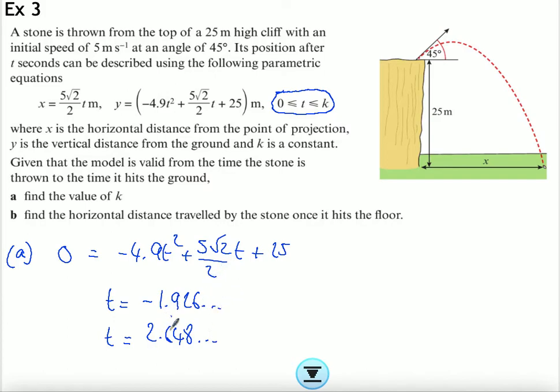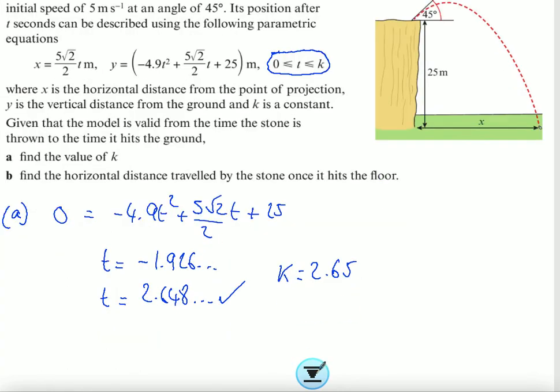Now, which of those is going to be the correct answer? Well, contextually, t is time. We've been told that t is greater than 0, so we're going to take t as 2.65 in this case, to 3 significant figures. So that tells us that k must be 2.65.